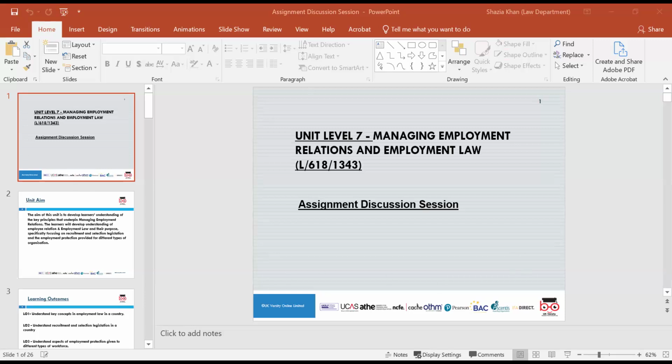And then also we looked at the radical theory and Marxist theory.